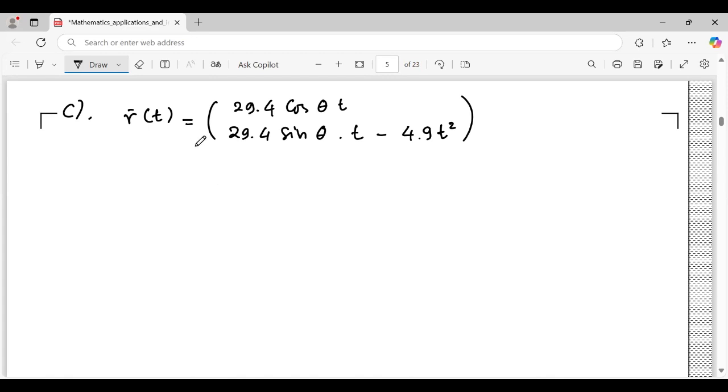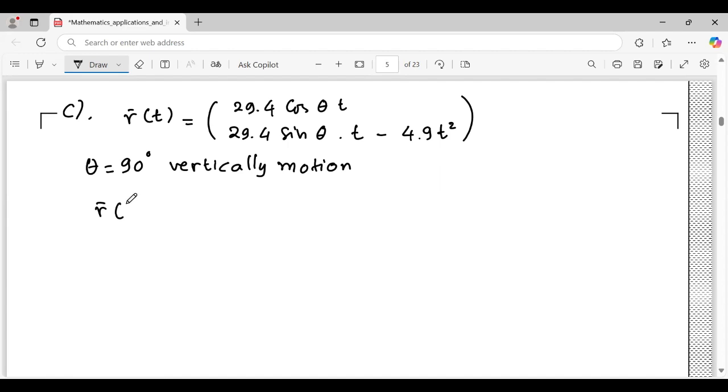And for the vertical motion, theta equals 90 degrees for the vertical motion. So it means cosine 90 equals 0 and sine 90 equals 1.